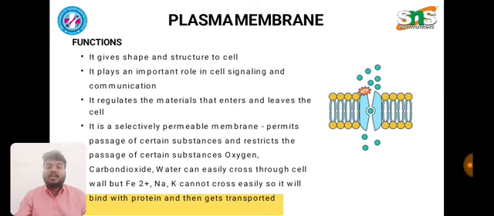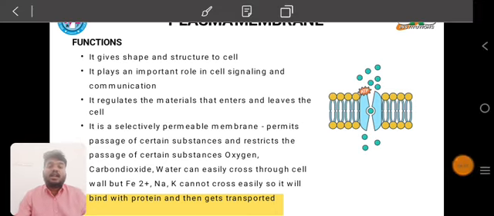It is a selectively permeable membrane, and it permits the passage of certain substances and restricts the passage of certain others. Oxygen and carbon dioxide, and water, can easily cross through the cells, but ferrous, potassium and sodium will not easily cross, so they bind with protein and then are transported through it.